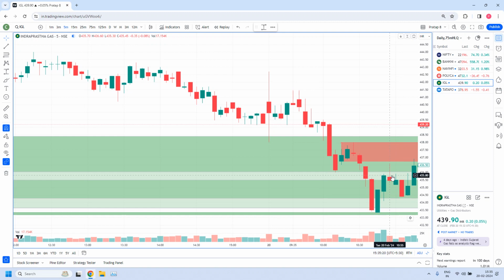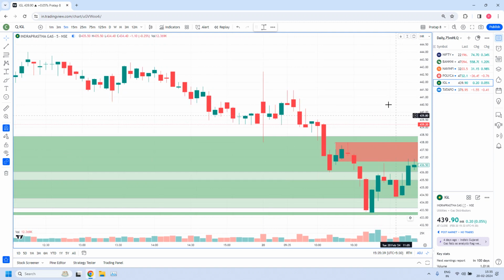But compared to 4,675, if you get 500 or 600 rupees profit, that is not good. What I mean to say, is at the time when your trailing stop loss hit.